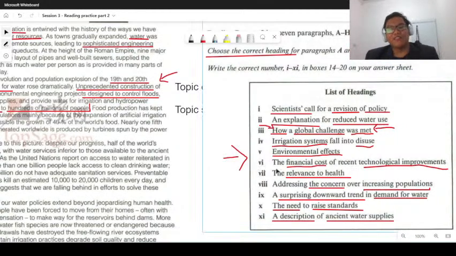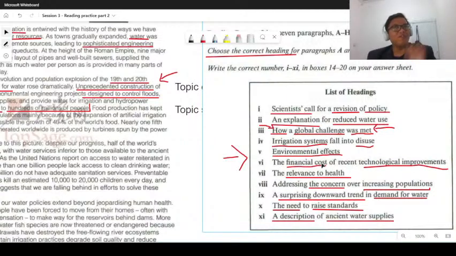That's it. So let's move on. So the fifth heading sounds quite unlikely. The sixth one, the financial costs of recent technological improvement. Now, we did read something to do with technological improvements, right? Leading to sophisticated engineering. You guys can see here, right? But we did not see any financial costs.